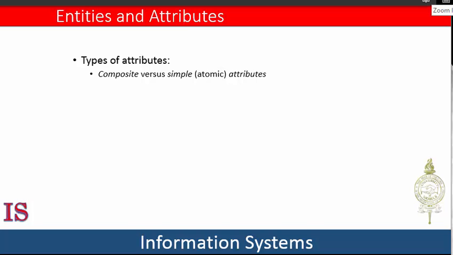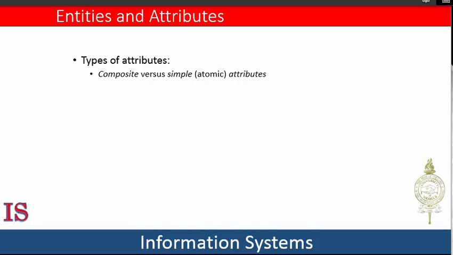Composite attributes are useful to model situations in which a user sometimes refers to the composite attribute as a unit, but at other times refers specifically to its components. If the composite attribute is referenced only as a whole, there is no need to subdivide it into component attributes.